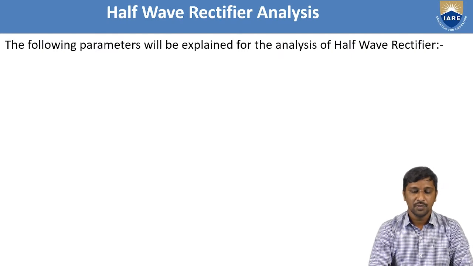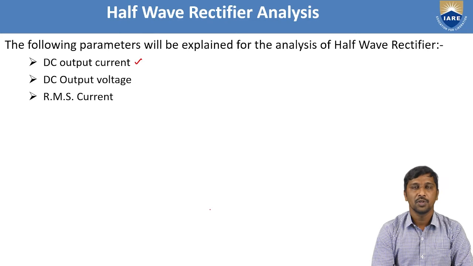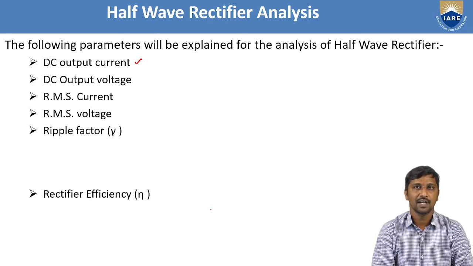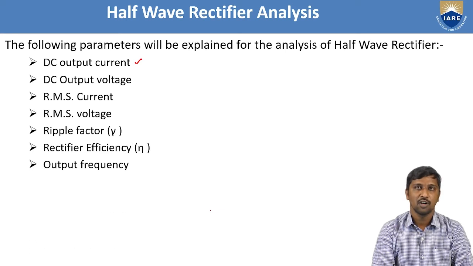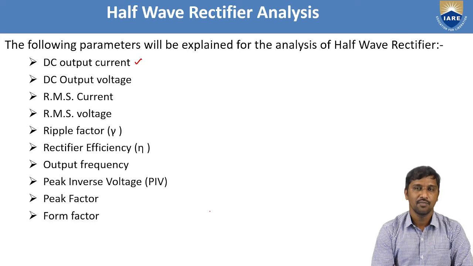Now, based on this operation, what are the parameters we need to observe here? These are some important parameters we need to analyze from the rectifier concept: DC output current, DC output voltage, RMS current, RMS voltage, ripple factor, efficiency, output frequency, peak inverse voltage, peak factor, and form factor.